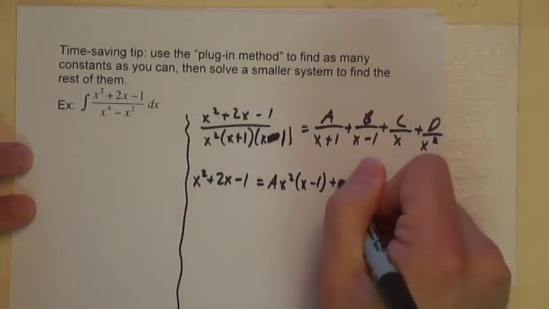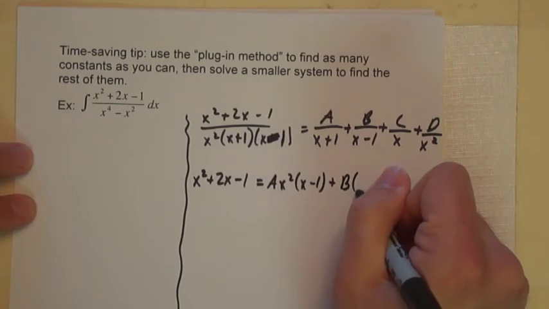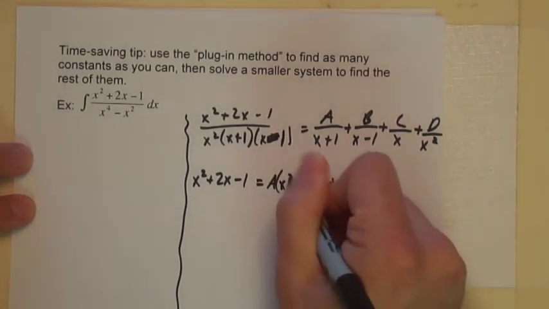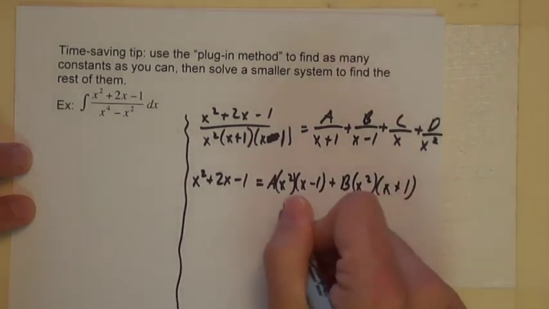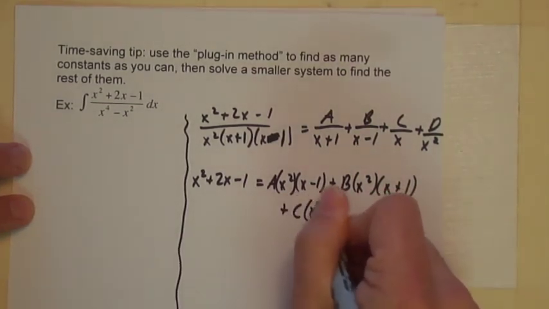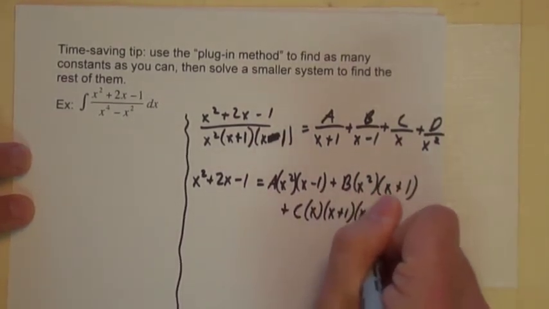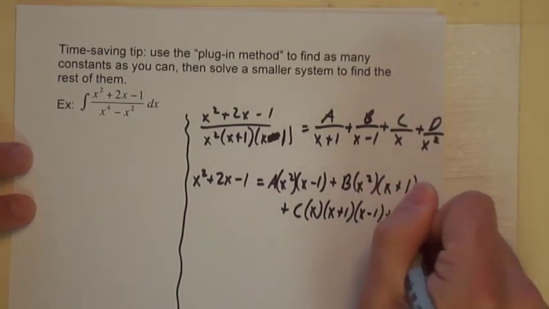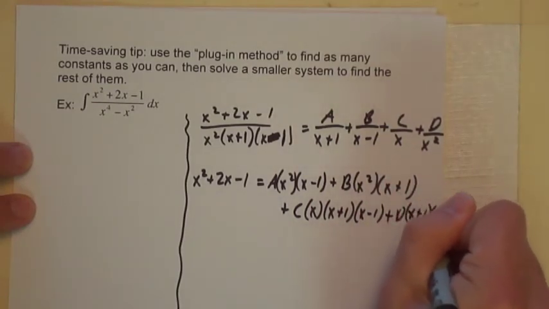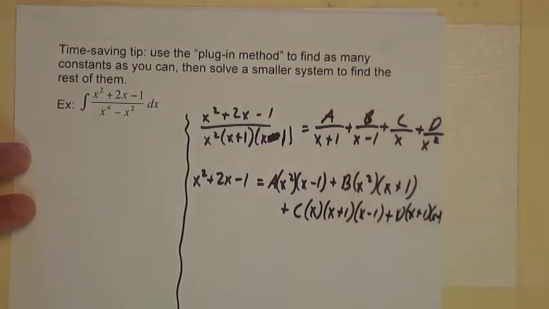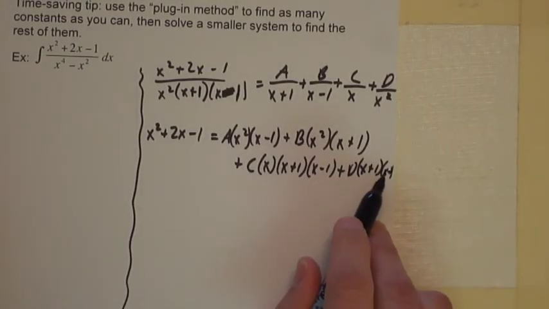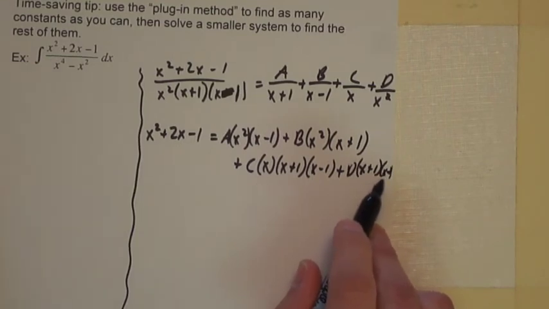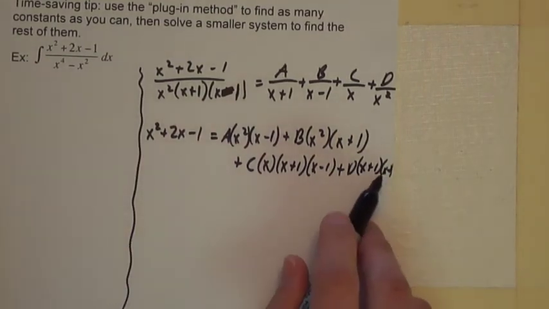Similar things happen to the other terms, so I will just write them out. B times x squared times x plus 1, C times x, x plus 1, x minus 1, and then D times x plus 1 times x minus 1, which is what I tried to squeeze in there.